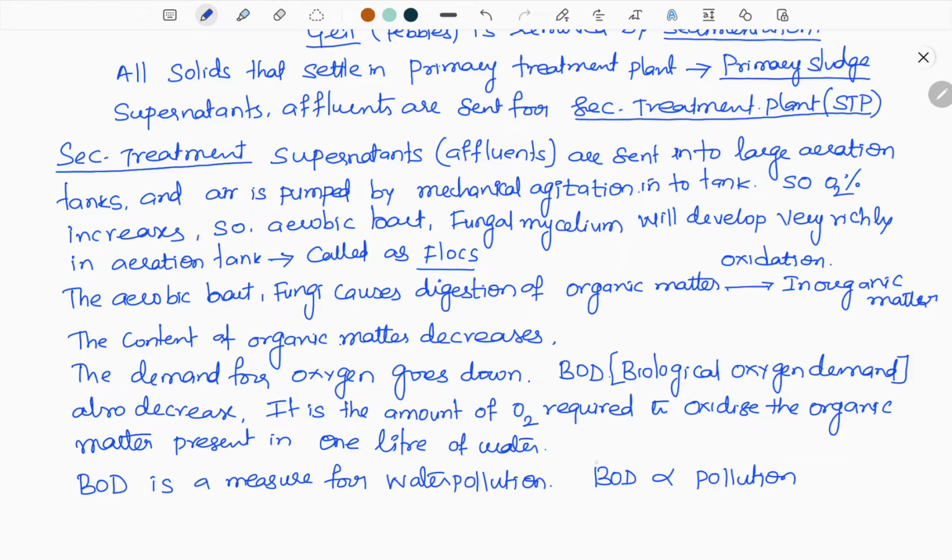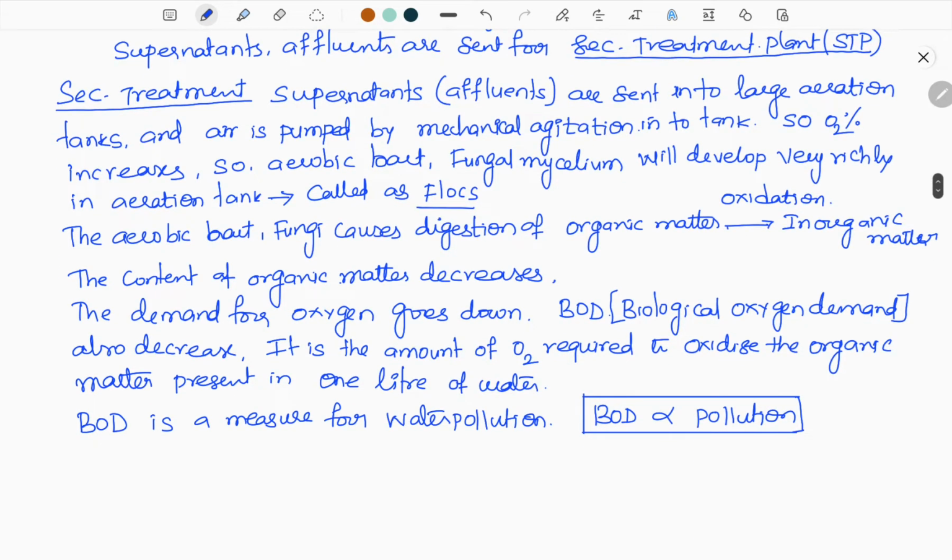Do remember, I am keeping it in a box. So that is about the BOD. As the BOD decreases, the pollution also decreases.